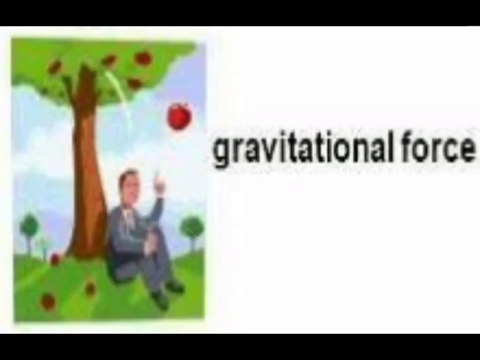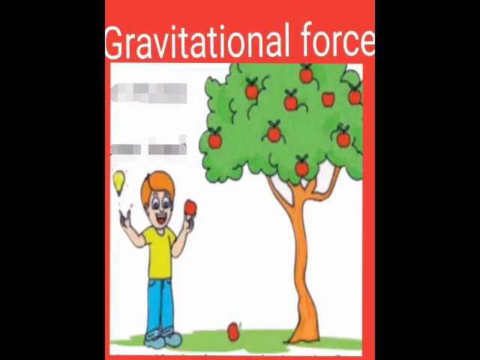Next, non-contact force. Non-contact force is classified into two types. First is gravitational force and another one is magnetic force. First, we can learn about gravitational force. Let me ask some questions. When you throw a ball up in the air, why does it come down?